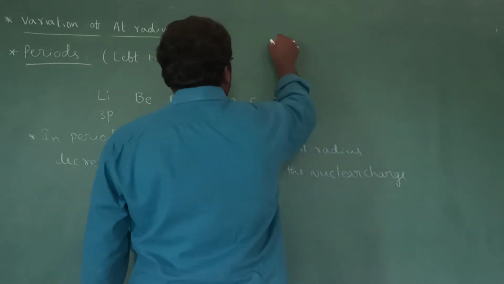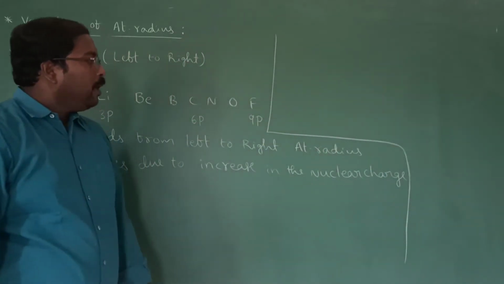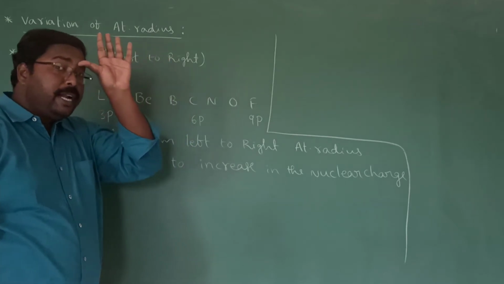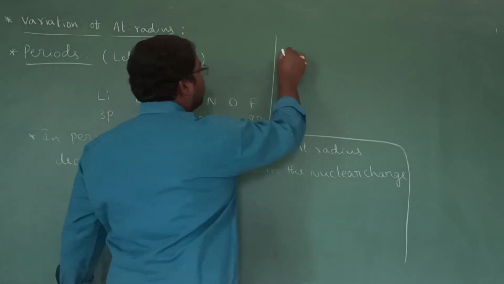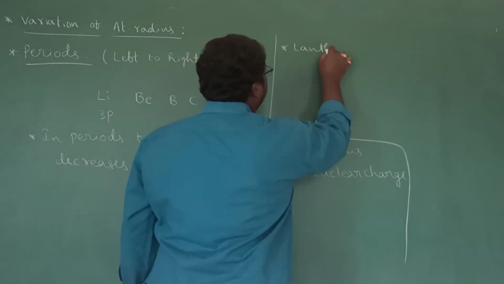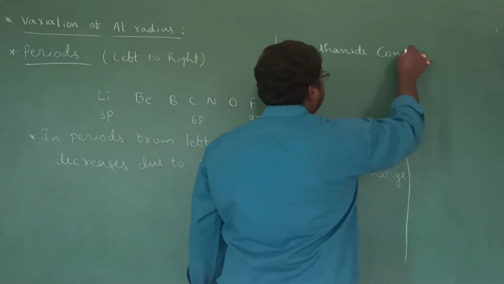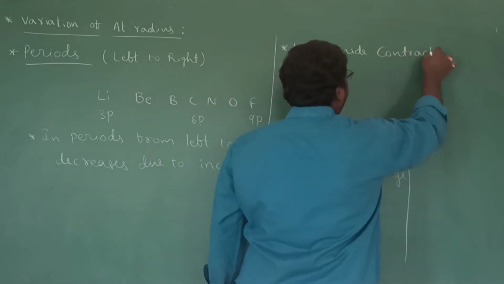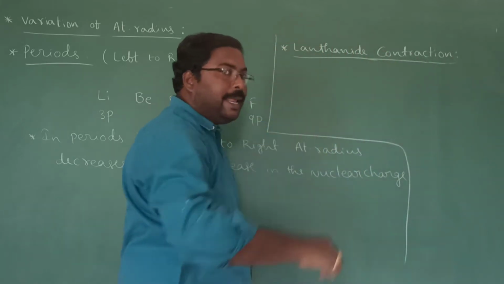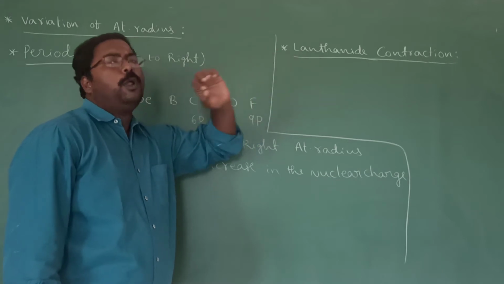Now regarding this atomic radius, we have an important thing called lanthanoid contraction. About this lanthanoid contraction, we will discuss in detail in the F block elements lesson.